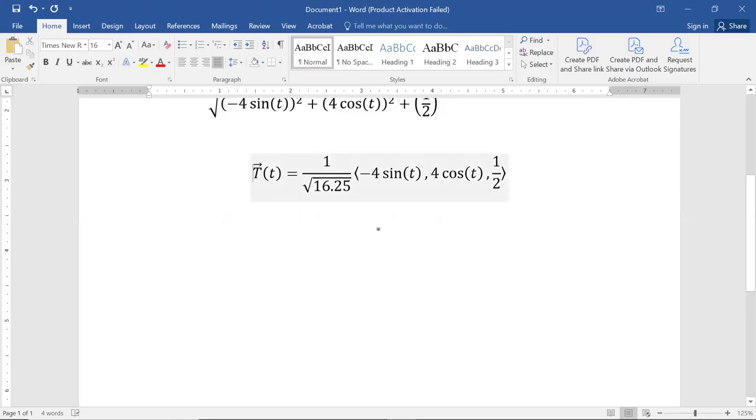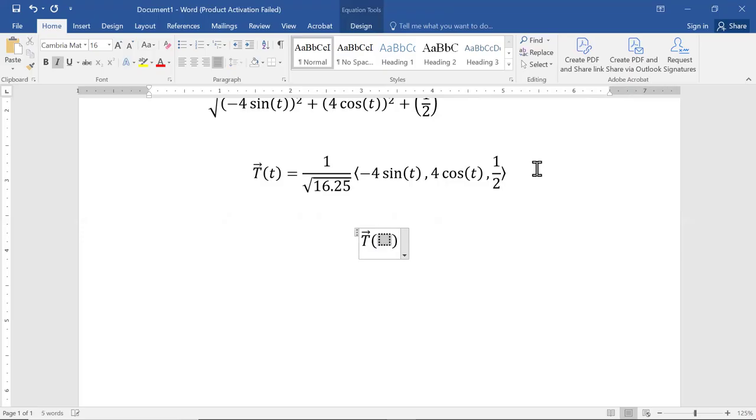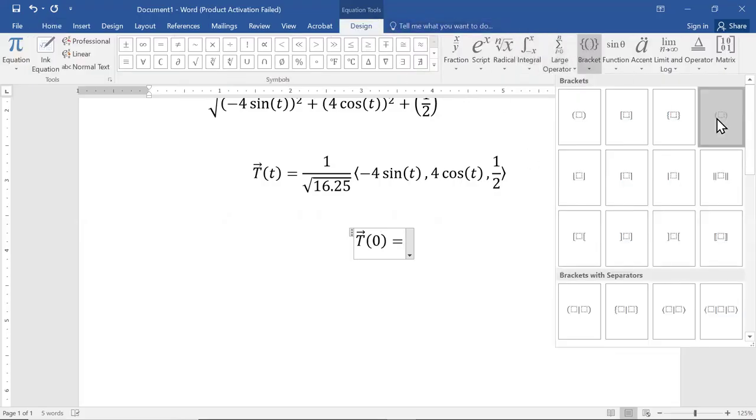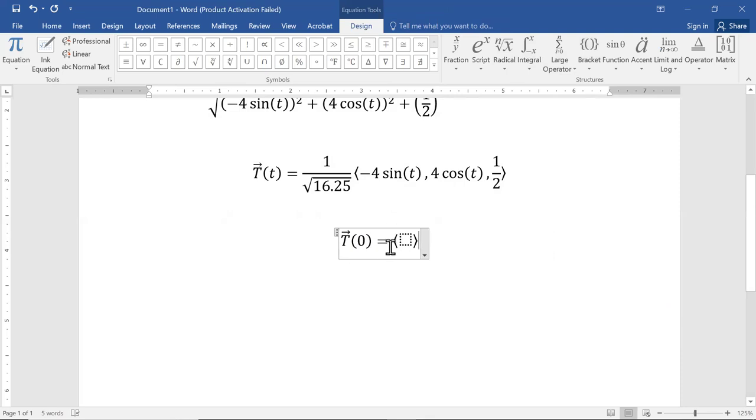And if I want to find a unit tangent vector at a certain value for our variable t, all I have to do is plug in those values. So in this case, when you plug in 0, you're going to get 1 over square root of 16.25. When you plug in 0 into sine, you get 0. So 4 times 0 gives you 0. When you plug in 0 into cosine, you get a 1.